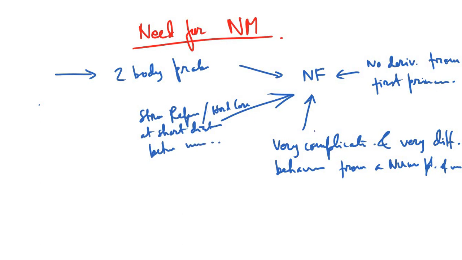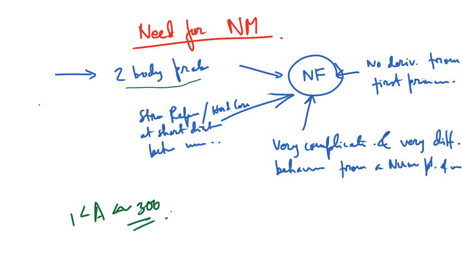Now, this we know about the nuclear force from the nuclear two-body problem. But the nucleus doesn't consist of only two nucleons. The mass number A can vary, sometimes it can be even 300 or so.